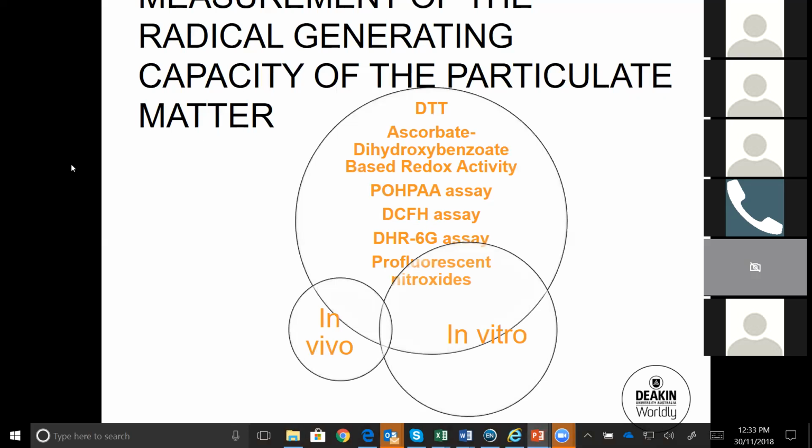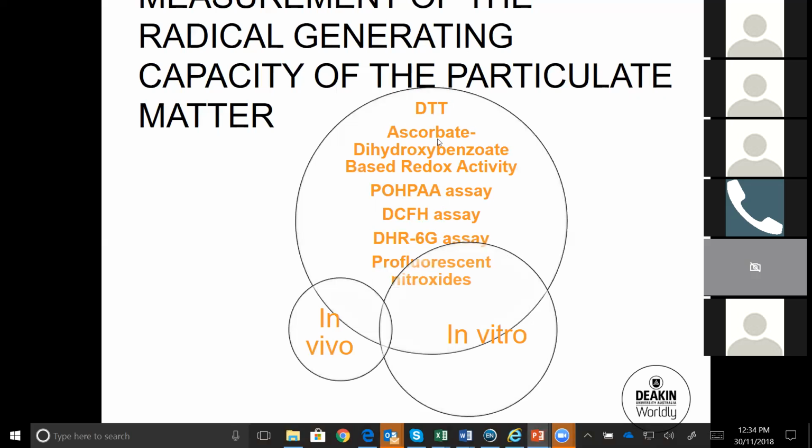So these are the probes that are being used for the detection of ROS. We have different probes. Some probes, like POHPAA and ascorbic acid, are only sensitive to narrow ranges of ROS species, and that makes them unsuited for quantification of total oxidative potential.